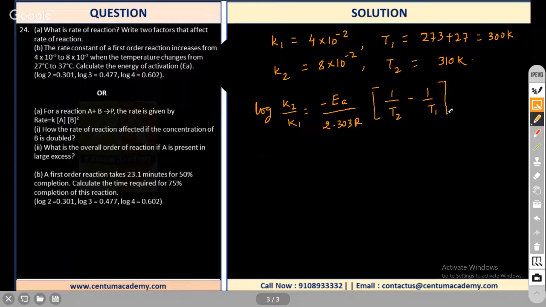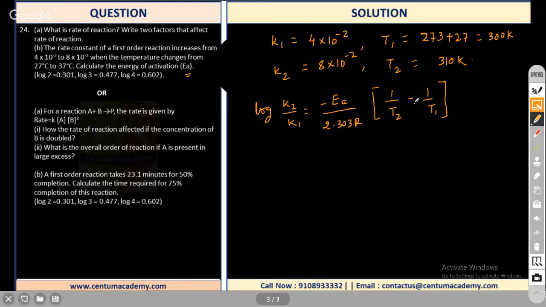Is this expression correct? Yes, R should be 8.314 because you have to find out this energy. Yeah, it's correct. I have taken the minus sign out, Sai Premnath.